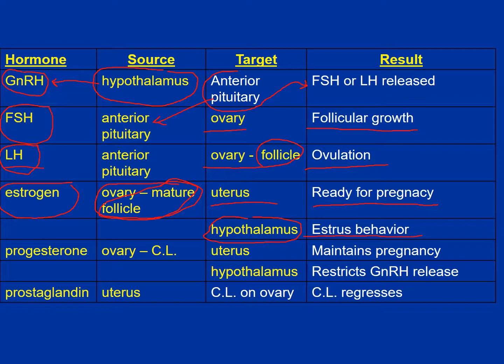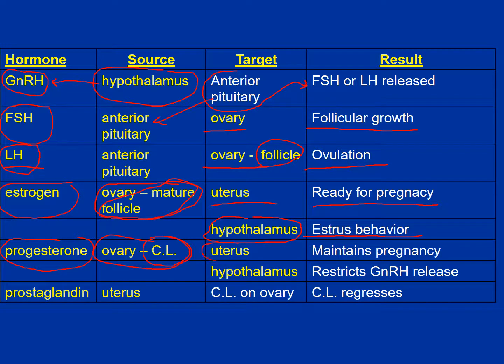Another very important hormone is progesterone. The source is the ovary, as long as we have an active corpus luteum on the ovary, or CL. And another name for the CL is the yellow body. Progesterone will have an effect on a couple of different organs.